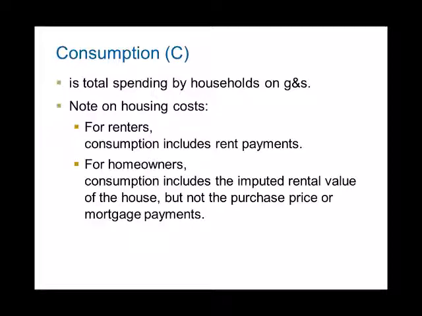You're actually staying in the house, so you are giving up that rent. It's the opportunity cost of living in the house, and that is part of the consumption component of GDP. However, the purchase price or mortgage payment that we make is not part of the current year's GDP.